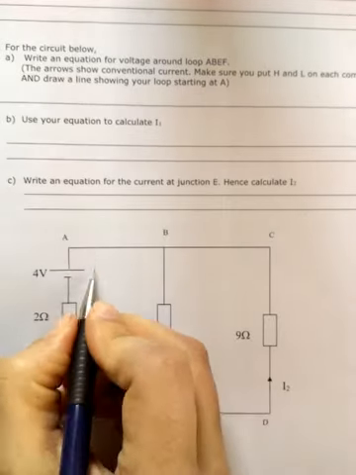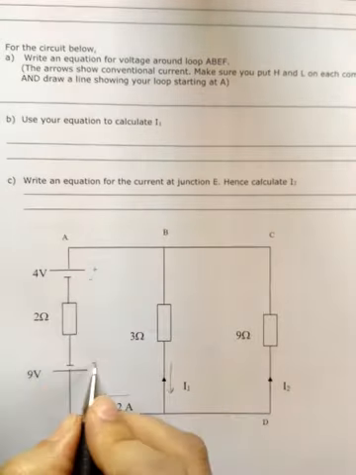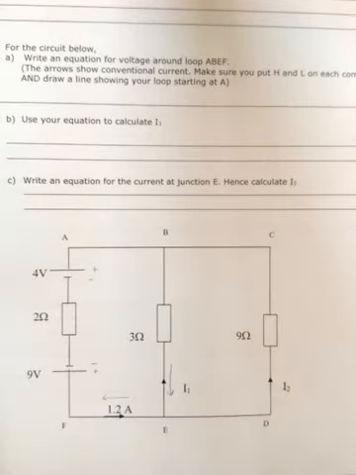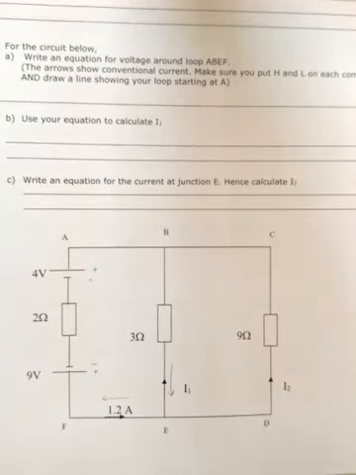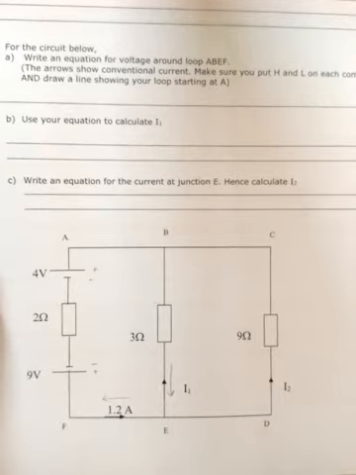We've got negative and positive on our battery here. If you go back and have a look at your notes, when you're labelling things, there's a high side and a low side to everything.